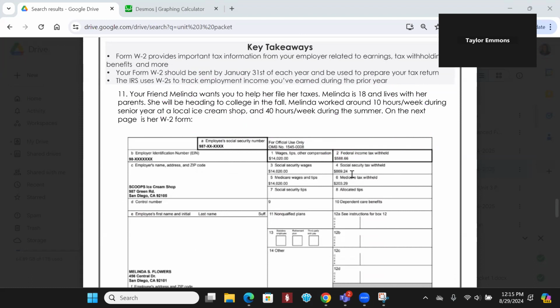On the next page is her W-2 form. Take a moment, look over this W-2 form. I would look at her wages, all that jazz.